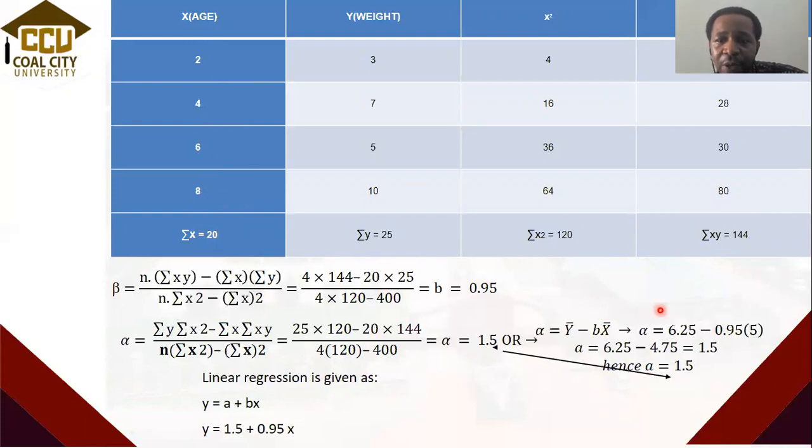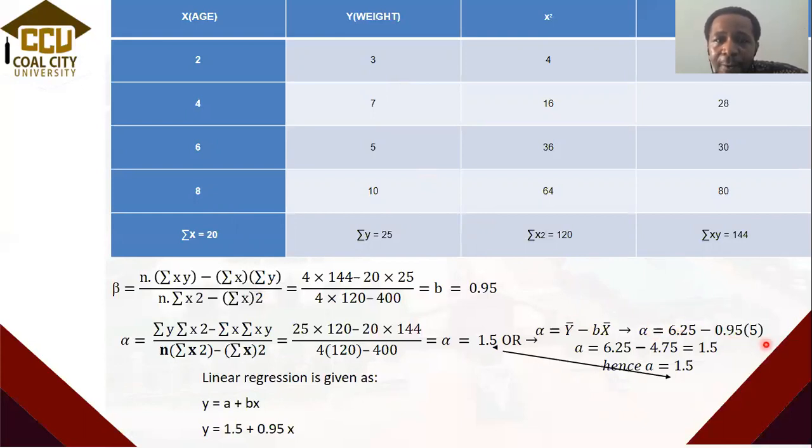Our x bar becomes 5. Now, when you divide your y variable, 25, by the amount of variables we have here, which is 4, that gives us 6.25, which is our y bar variable. Our y bar here is the mean for y.